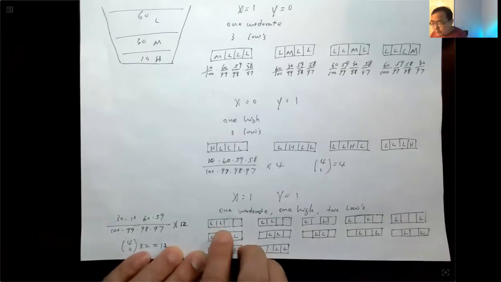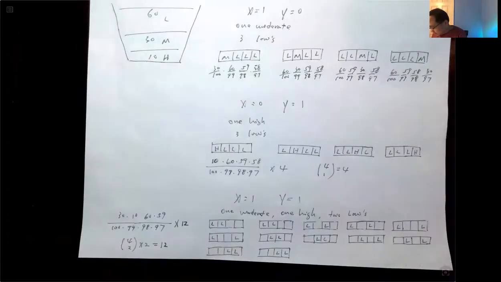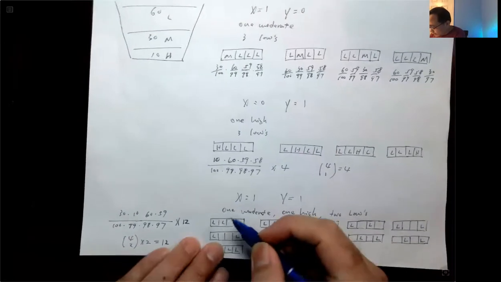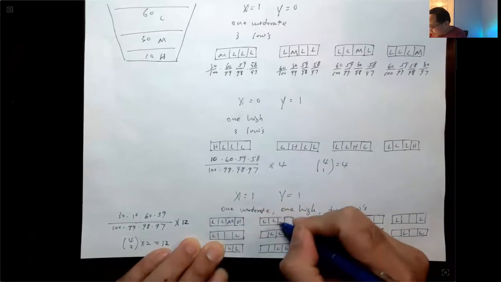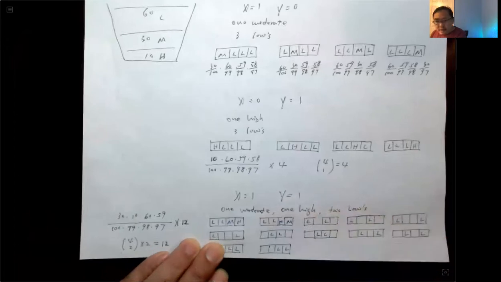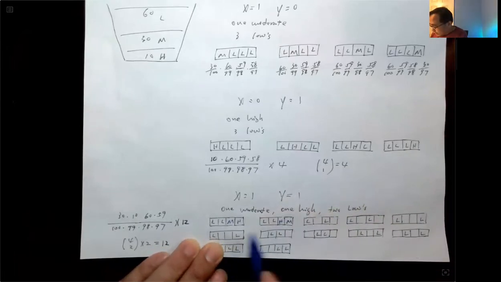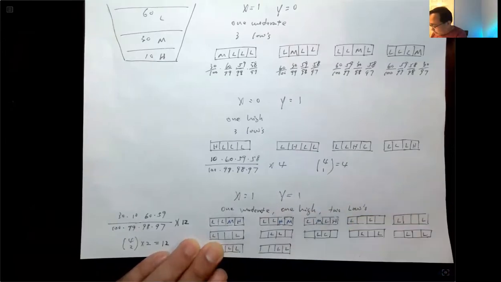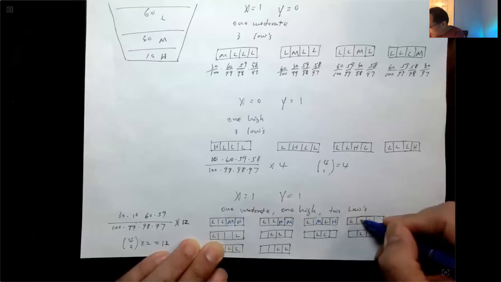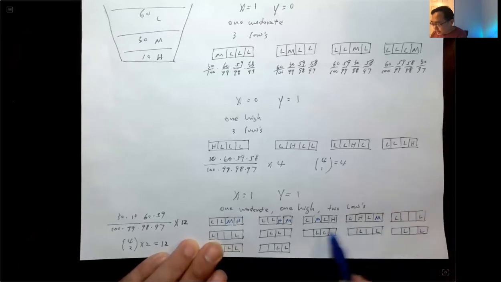So that will be LL, but for the other two places, it could be either MH or HM, right? Now I can move the second L to the third place. So LL, and again, MH fill out the other two places, and HL, right?